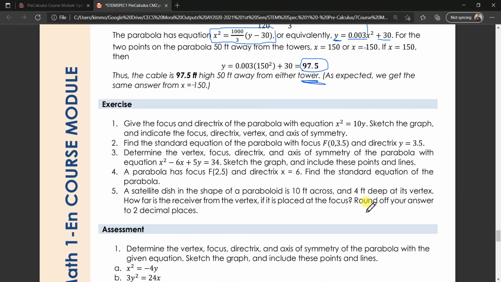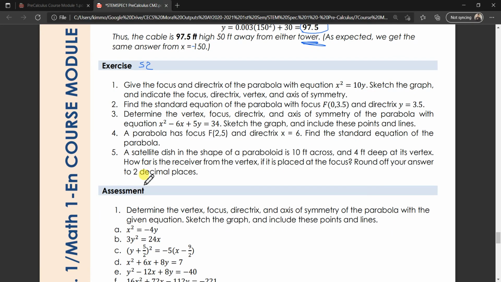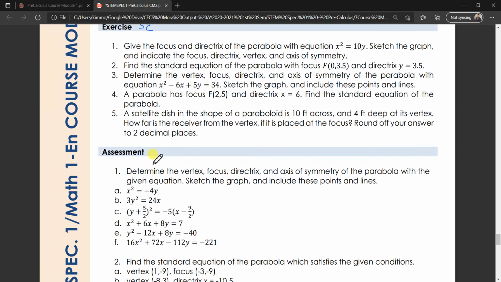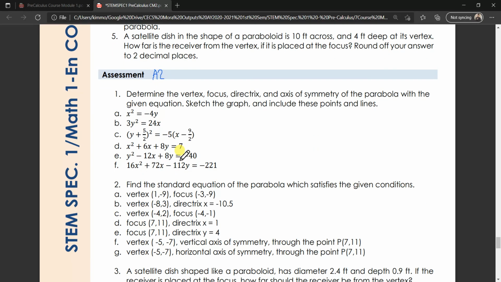So for your seat work, I want you to answer this exercise. So kaning exercise, this will be your seat work number 2. Then, answer these 5 problems here. Then for your assignment, kaning assessment, assignment number 2, I will assign this sa Quipper and the deadline will be announced sa atong group chat.